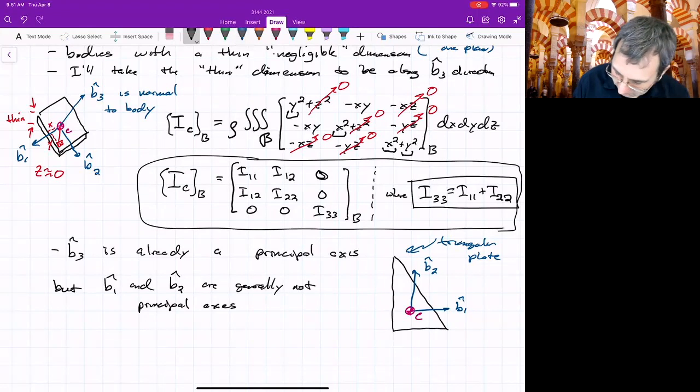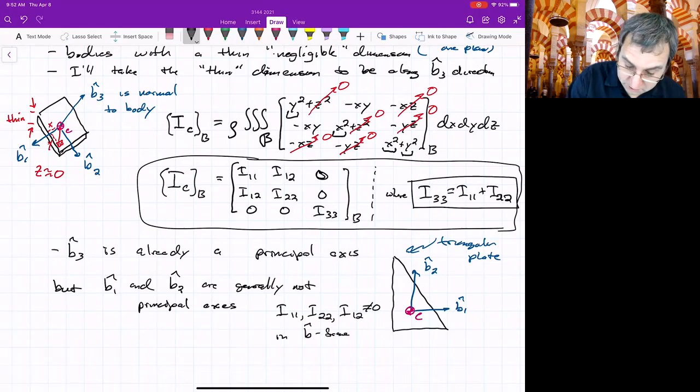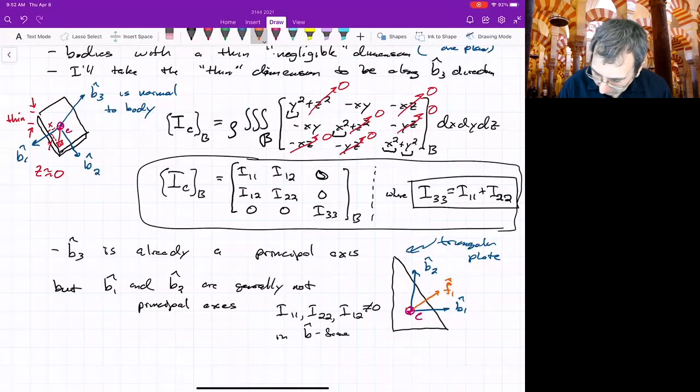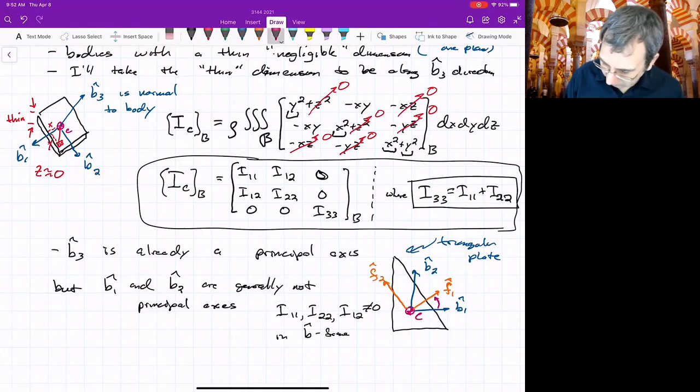So you'll get that there's I11, I22, and you'll get I12 that's not equal to 0 in the B frame. There are, however, other directions. And depending on the base and the height, I think they'll kind of be pointed this way. They have to be perpendicular to each other. What is this angle? Well, I could write it as a capital phi. All right, so you could find out what that is.